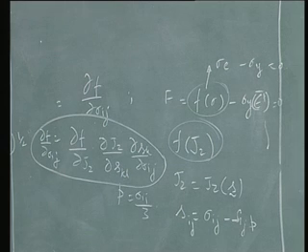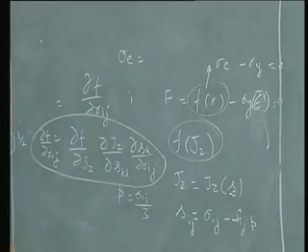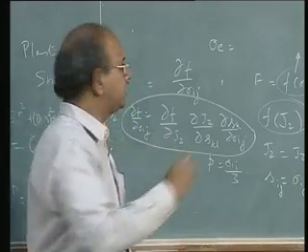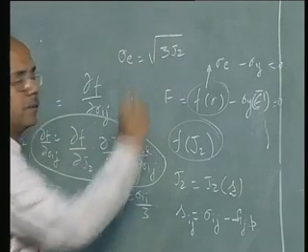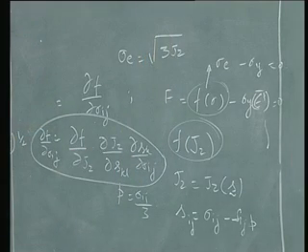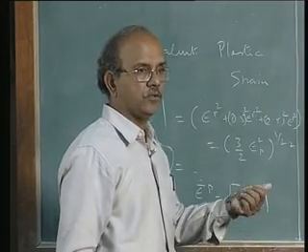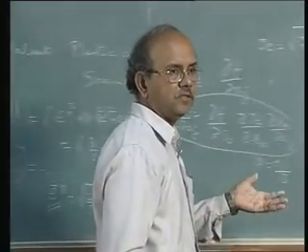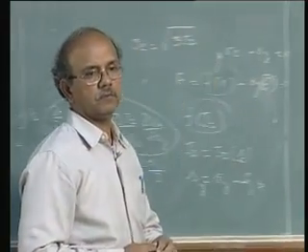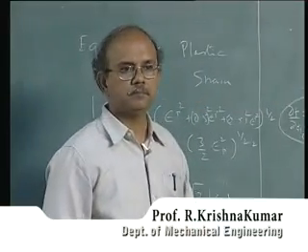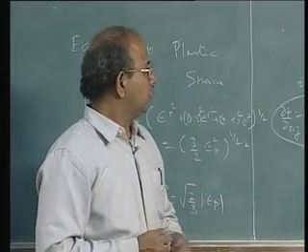By the way, what is the relationship between sigma e and J2? Sigma e is equal to root of 3 by 2 Sij Sij, which means that this is equal to root 3 J2. Is it clear? J2 is the second invariant of the deviatoric stress. Any questions?